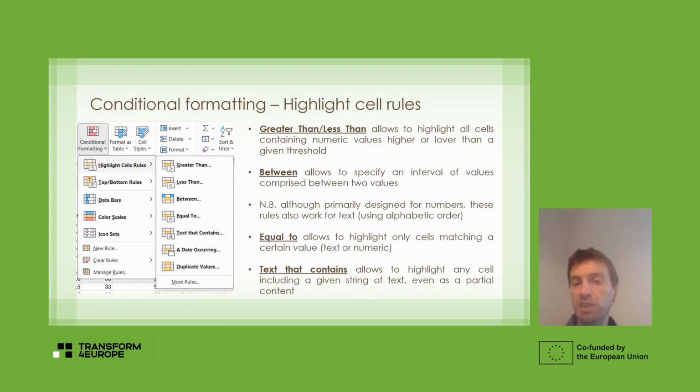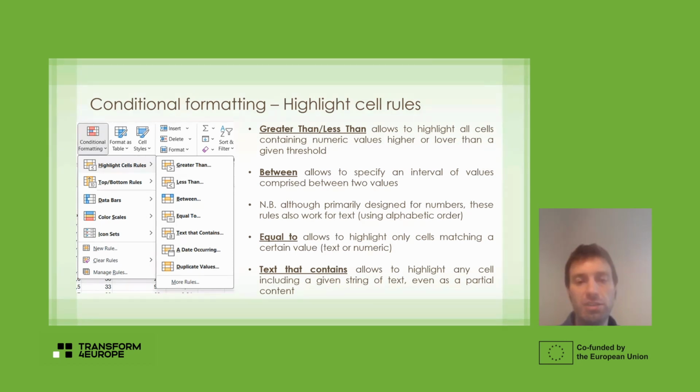In this case, they use an alphabetical order. So if you say anything greater than B, then all the cells that include values that start with the letter C or any other letter D, E, and so on, will be subjected to conditional formatting, and you will exclude all the cells that include values that are either A or B.